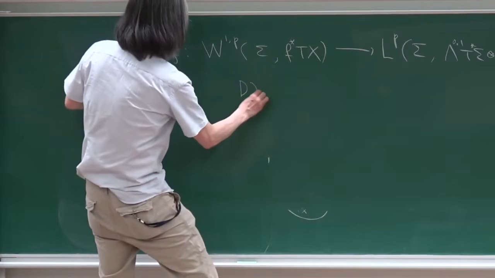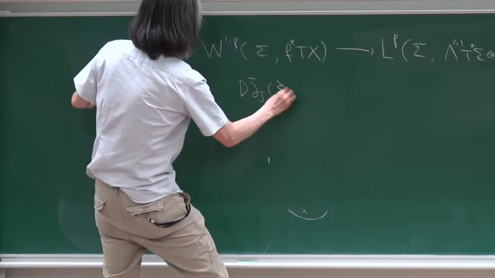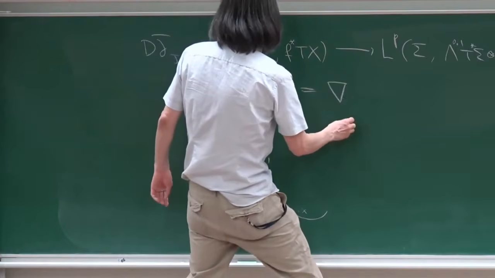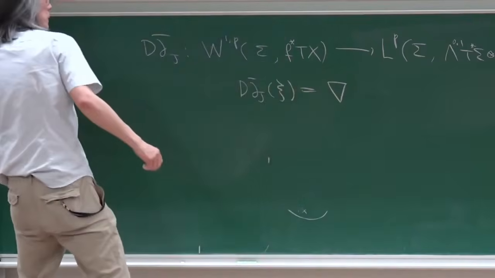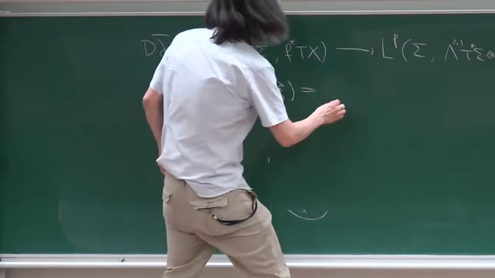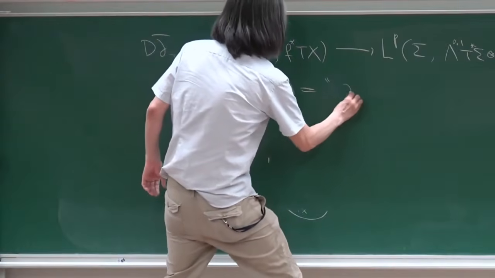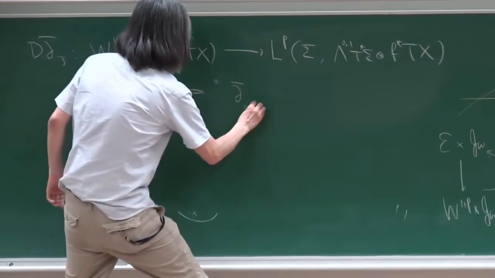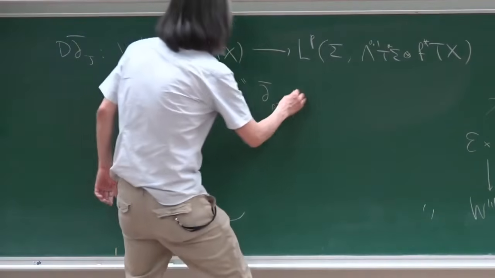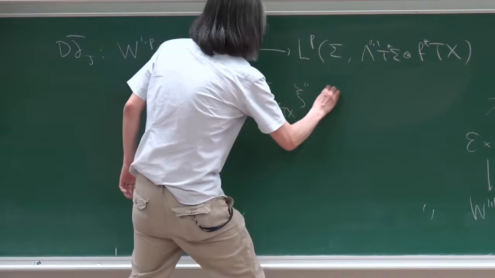as I wrote before, this D d bar_J of psi is something like a Cauchy-Riemann operator. So this is just a d bar operator with boundary, twisted by psi, plus something.